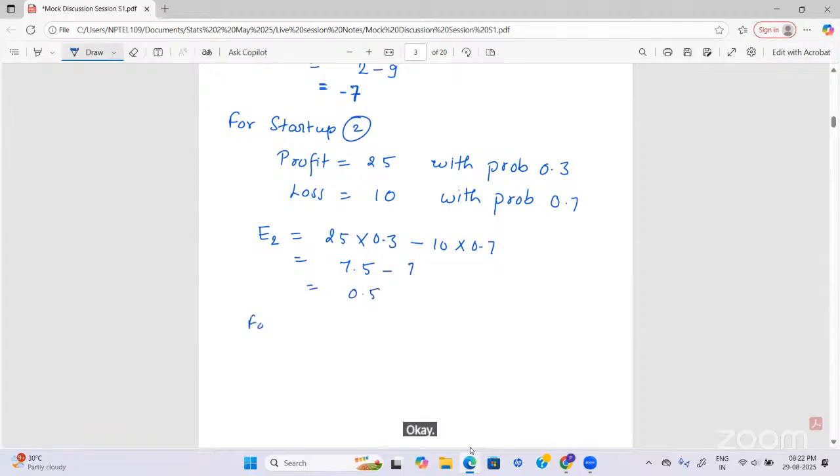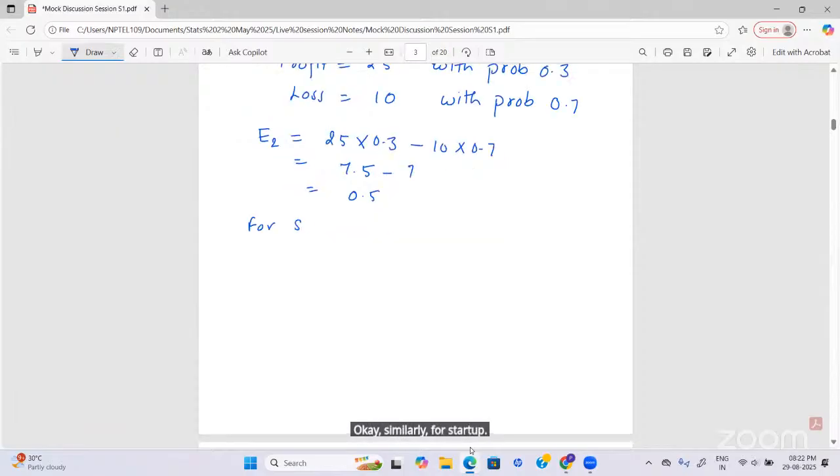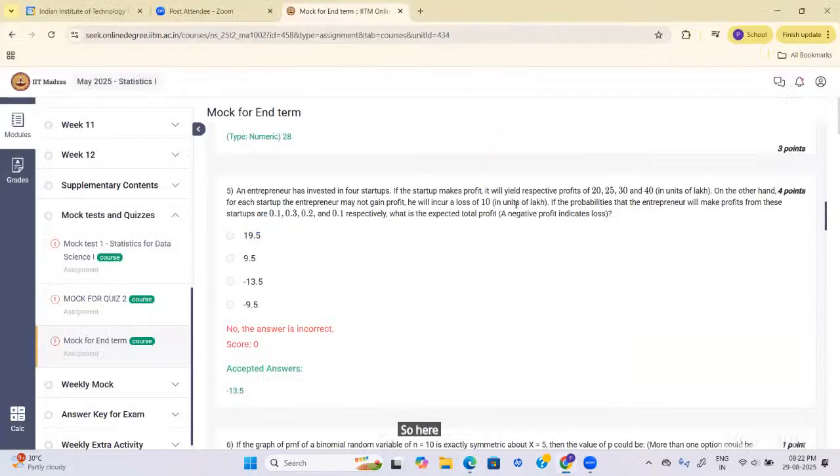Similarly for startup 3, the profit is 30 with probability 0.2.